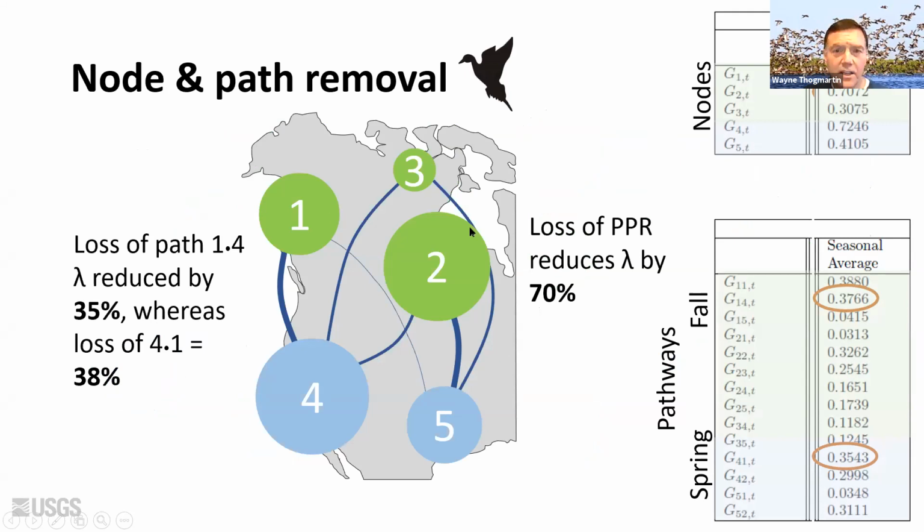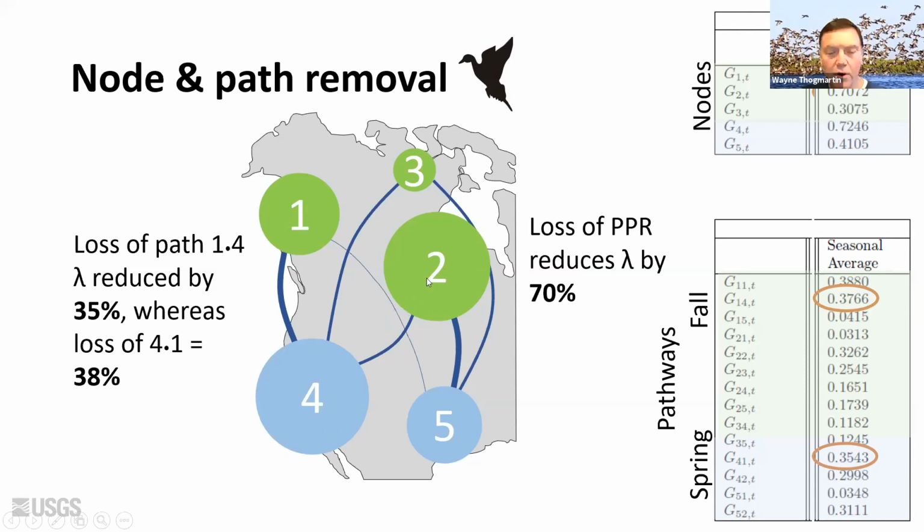So basically, when we calculate an annual average G for our network model, we get this diagram, basically demonstrating that the important paths and the important locations are defined here.